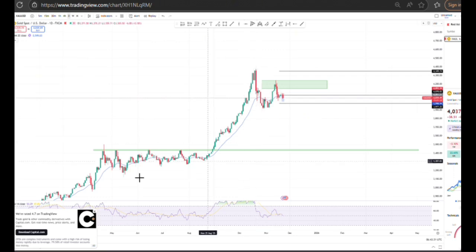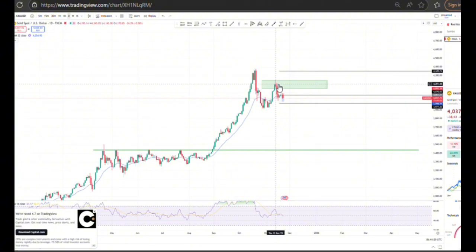Now gold has been on a bullish run till this change of direction started selling. Now normally this is most likely because it has formed a lower high.